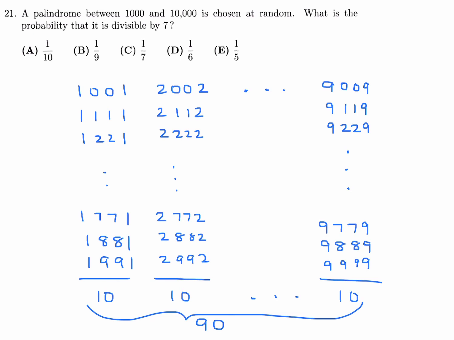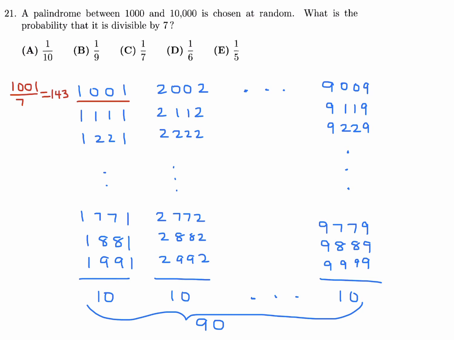And there is some good news. That first number, right off the bat, is divisible by 7, since 1001 divided by 7 is 143.